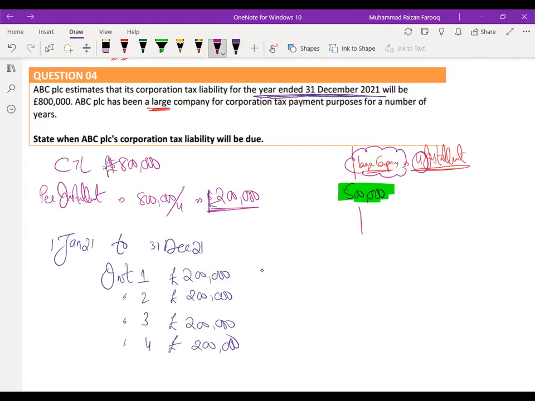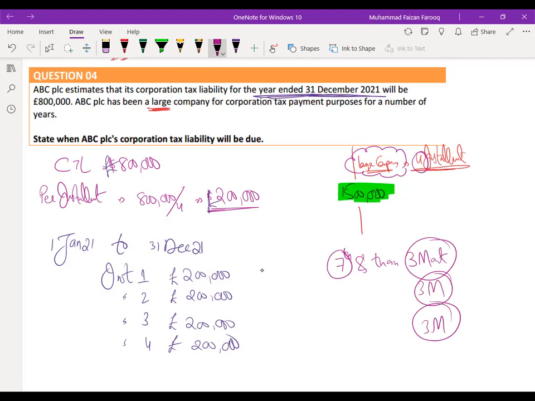Now the dates will be as follows: 7th month, and then 3 months, 3, and 3. What is this? 7333. Very carefully, it will start from the start of the year. The installment counting will start from the start of the year.